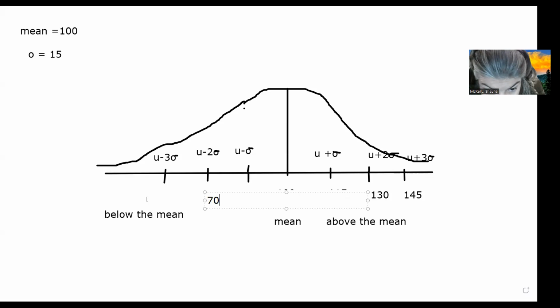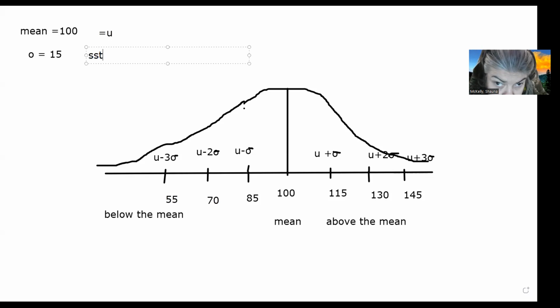And 70 minus 15 is 55. Now, you can also do the math. Remember, mu is our mean, and this is our standard deviation here. So now we've got our numbers done there.